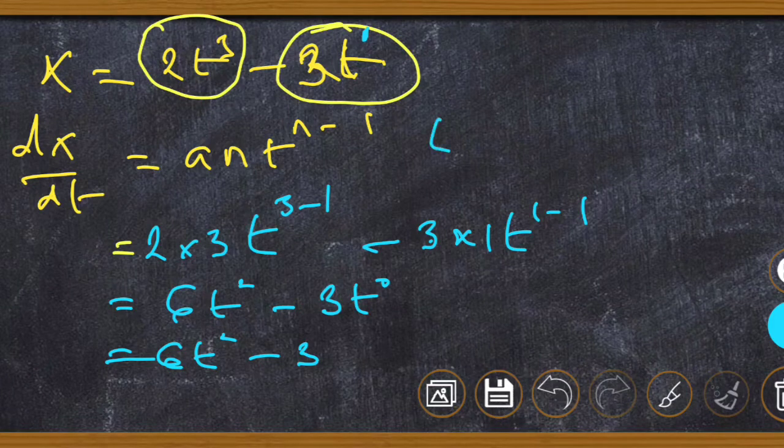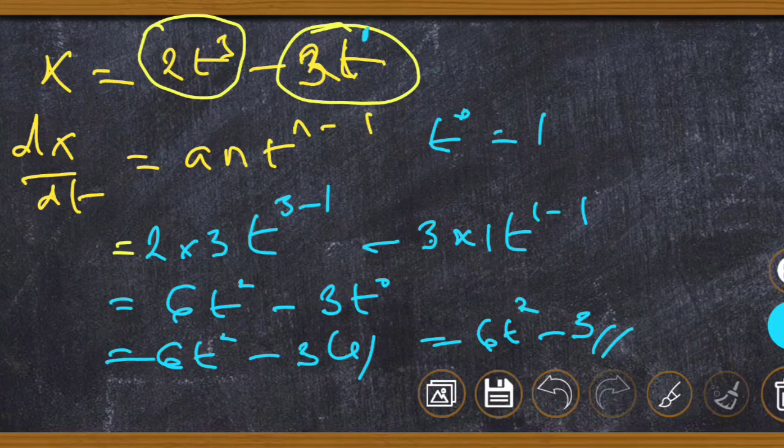Why? Because anything raised to power 0 is equal to 1. t raised to power 0 will be equal to 1 here. So your final answer should be equal to 6t squared minus 3. That is the derivative of s with respect to what? To time t. So whenever you have a question on instantaneous speed or velocity, don't forget that your displacement will be given as a function of time.